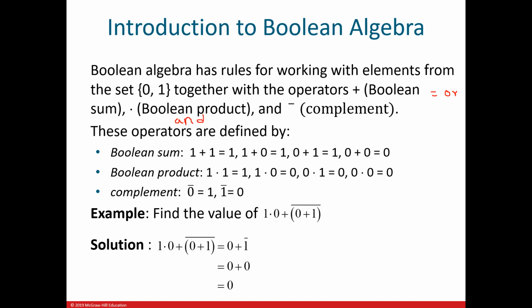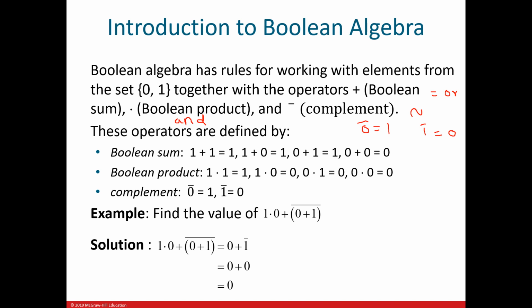And then the complement operation is similar to the negation operation that we did. So whenever we take the complement of 0, we get 1, and the complement of 1, we get 0. So it's basically the negation of any given number.